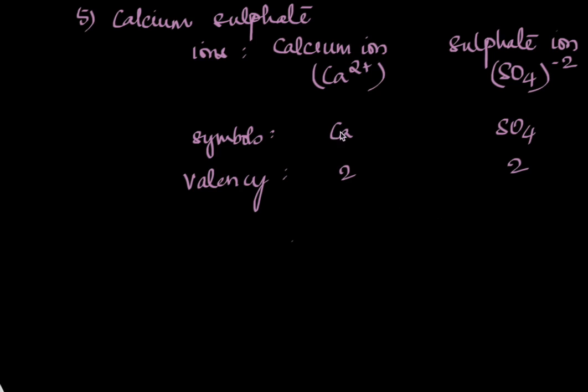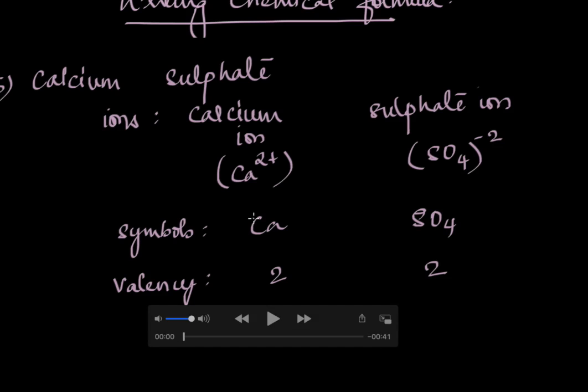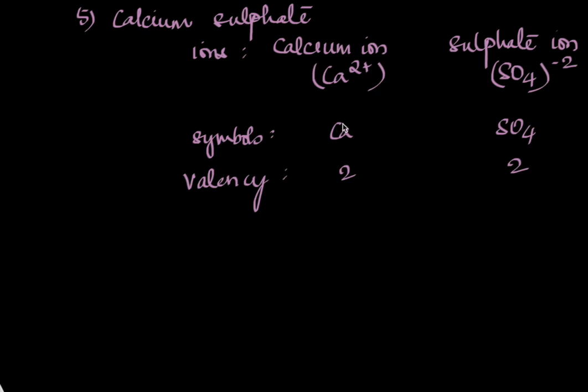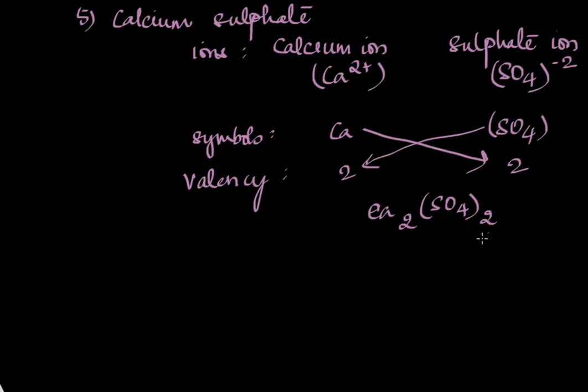When I write the chemical formula, I'll follow the same crisscross method, and I'm going to write down Ca first, and then followed by the valency for sulfate at its base. Then I will go ahead and write down sulfate. Make sure that you have written sulfate inside the bracket to remove any kind of confusion, and then you will write 2 at its base.